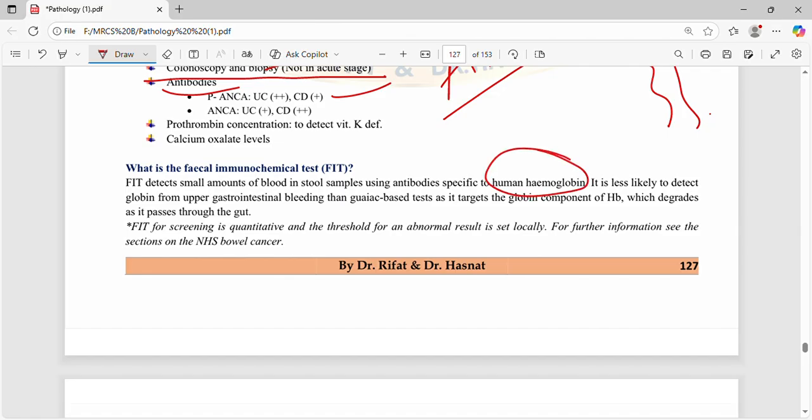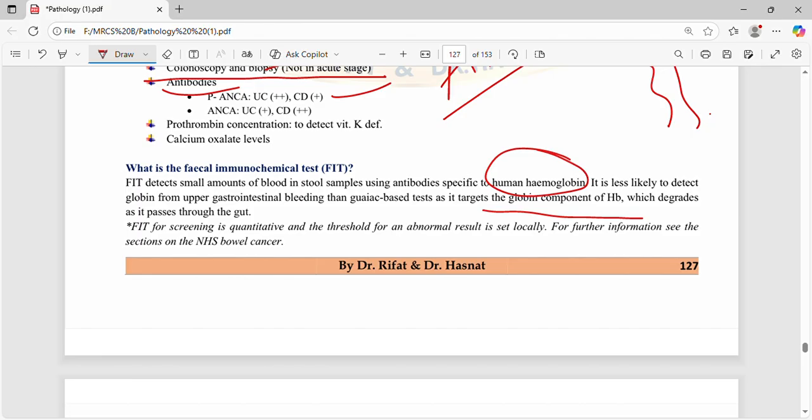It is less likely to detect globin from upper gastrointestinal bleeding than the guaiac-based test, as it targets the globin component of hemoglobin, which degrades as it passes through the gut.